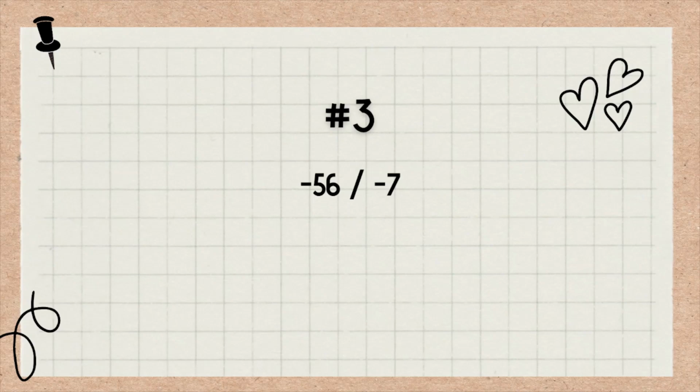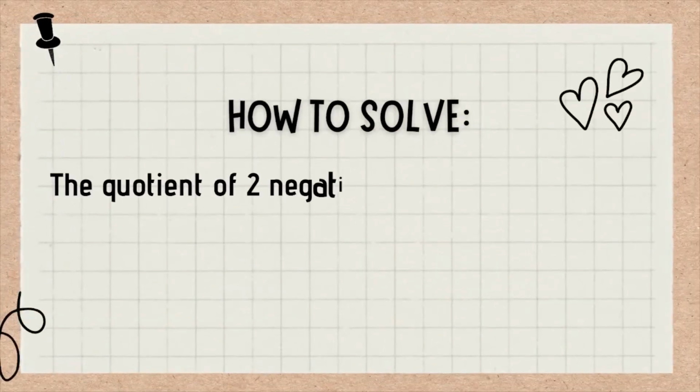So, a negative number divided by a negative number will always be a negative number, which we learned. So, that means all we need to do is 56 divided by 7, which is super easy. The answer is 8. So now that it's a negative number, it would be negative 8. So that's the answer for the last problem.